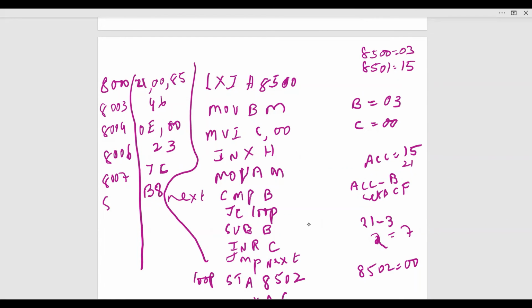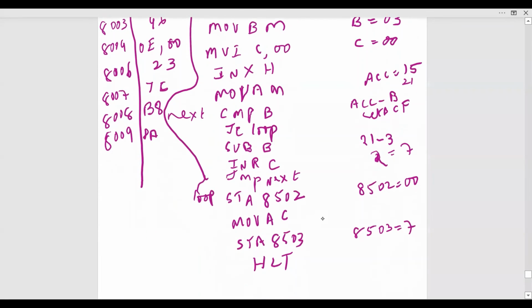So it is 8008. Next, 8009. We have JC loop, which is a 3-byte instruction. JC is DA, and the loop has to go to store. So let us first count the memory locations of this.